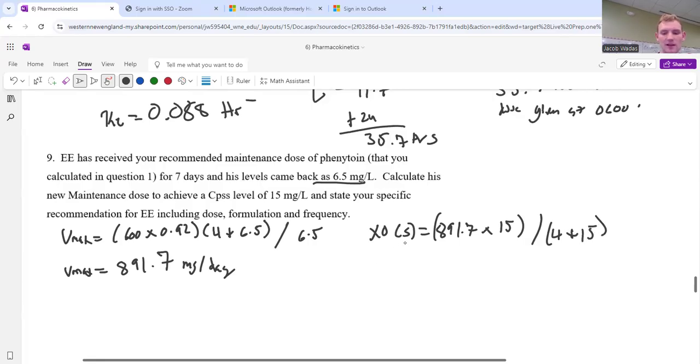Remember, the S value for the extended release capsules is 0.92. Let me know what you guys get.